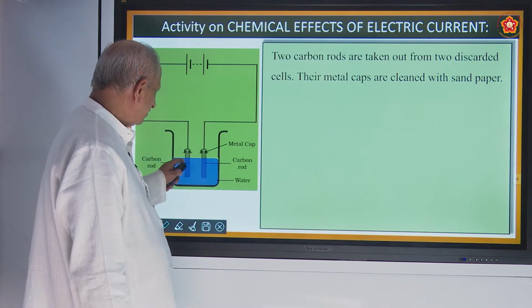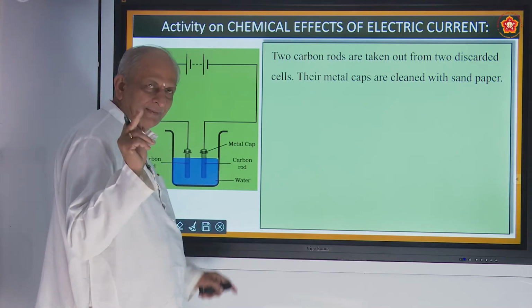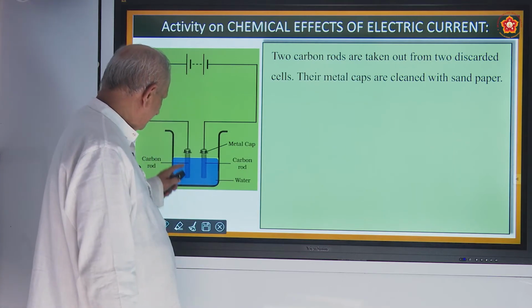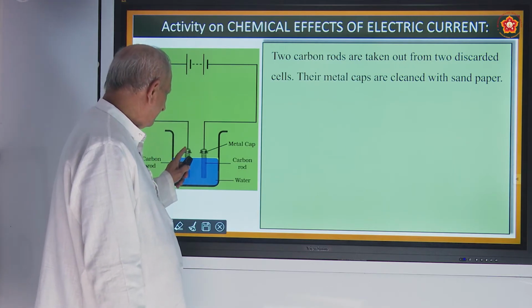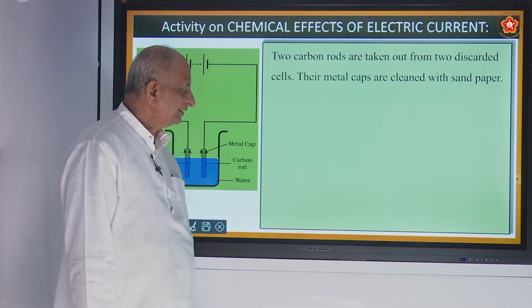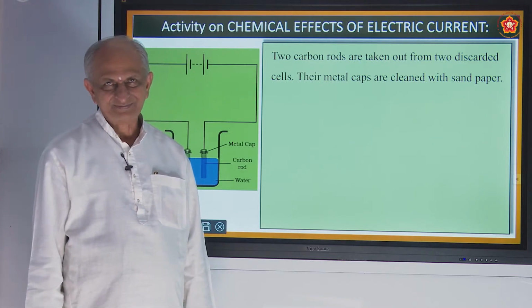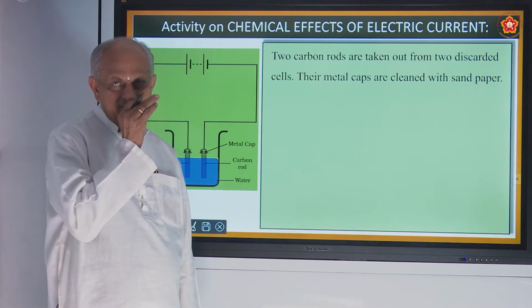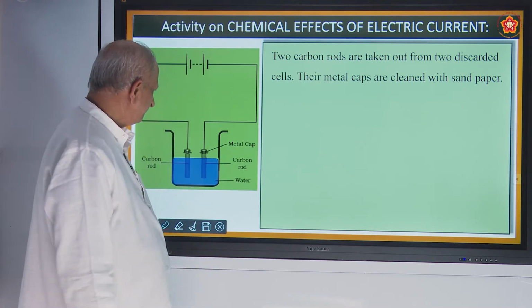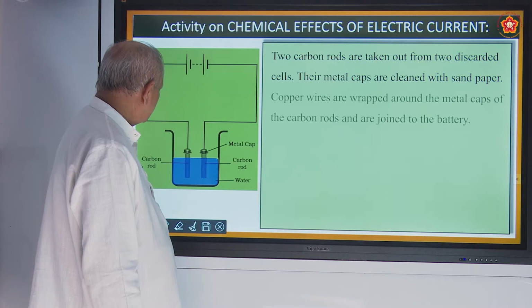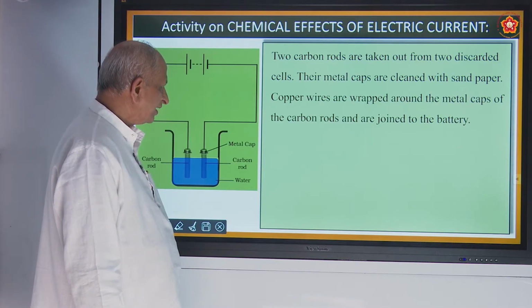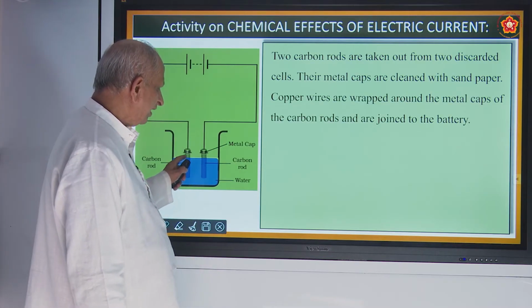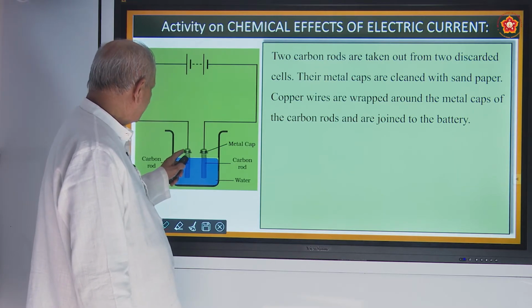So you have to take out such 2 carbon rods, clean them up, and the metal cap is cleaned by sandpaper. Why sandpaper? It cleans very well. Copper wires are wrapped around the metal caps of the carbon rods and are joined to the battery.